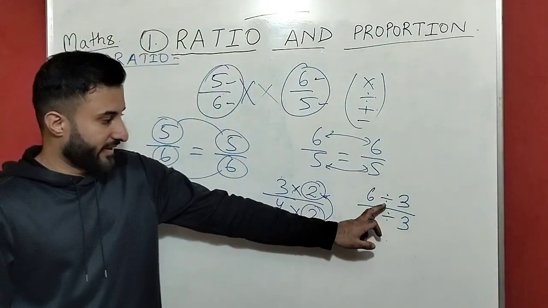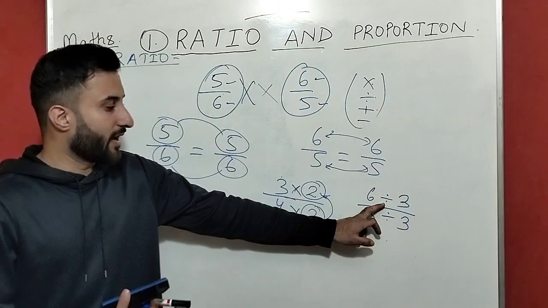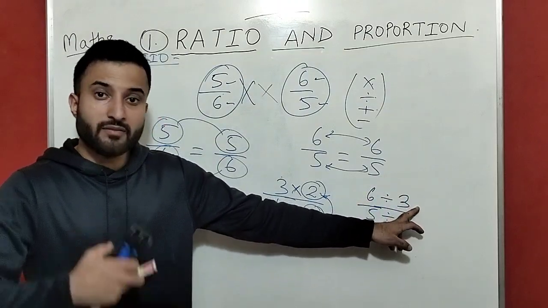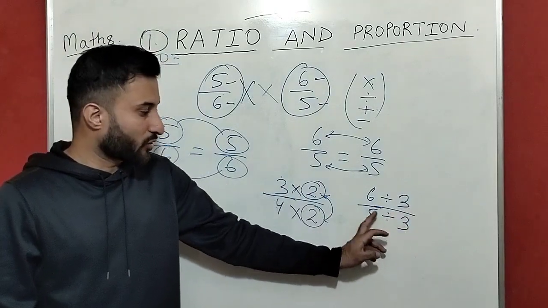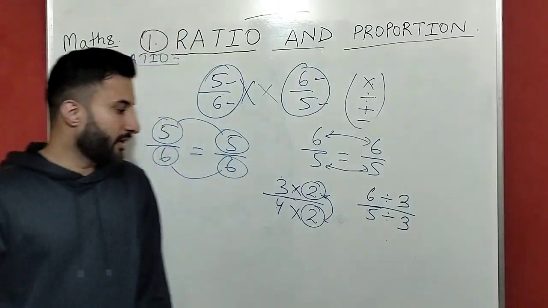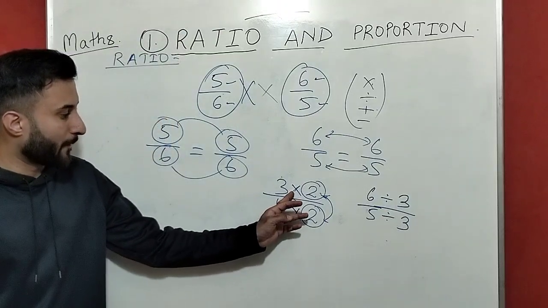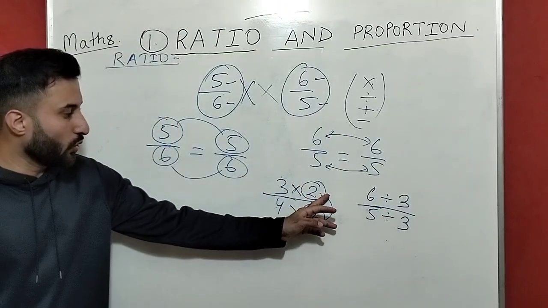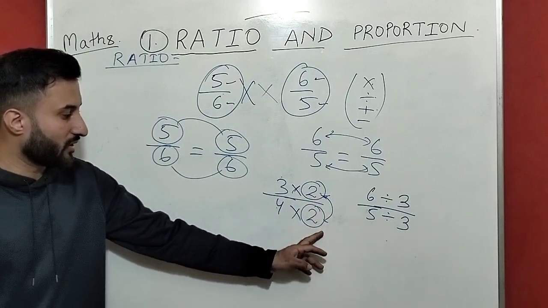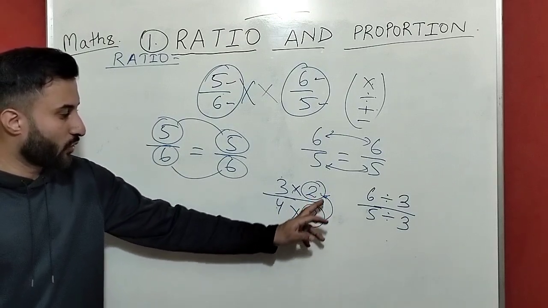Here we have divided the antecedent by 3, which means we have to divide the consequent also by 3. As we have multiplied the antecedent by 2, here the same, we have multiplied the consequent also by 2. You can see both the numbers are the same, 2, 2.